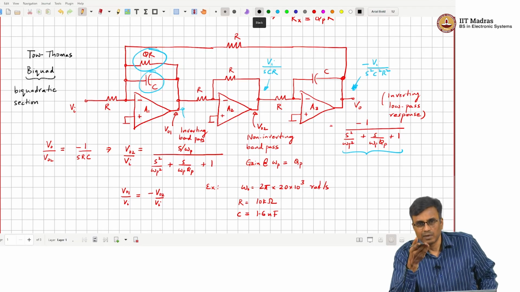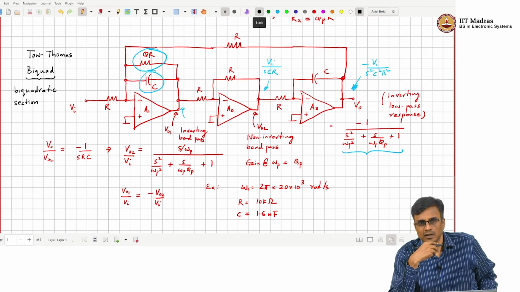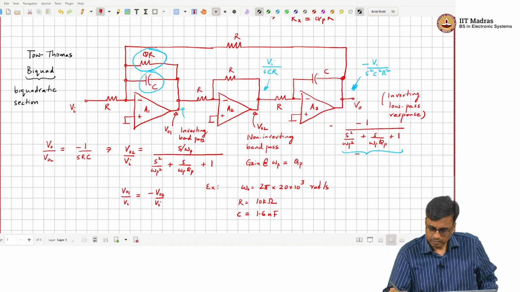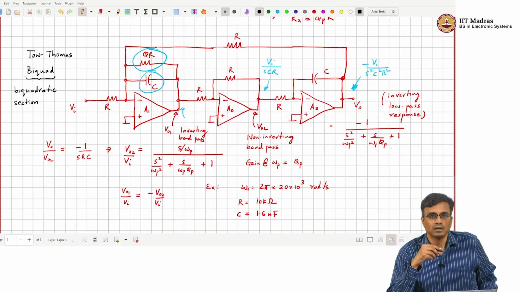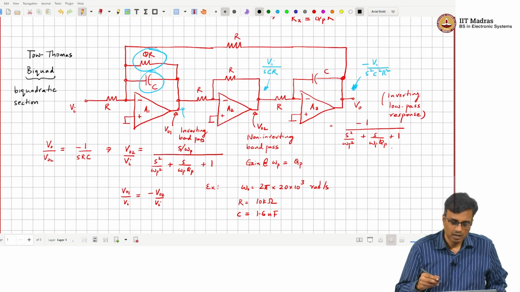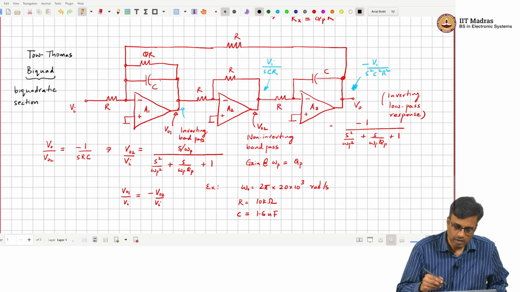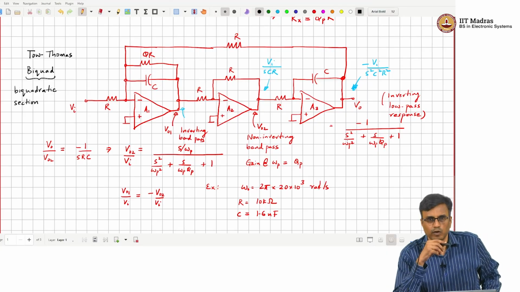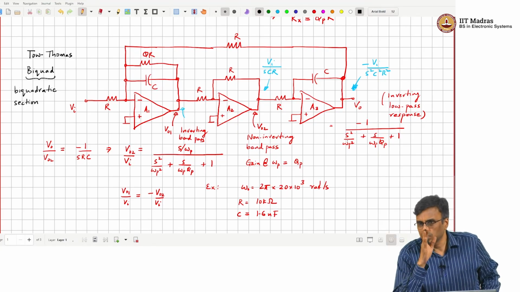Please solve it and tell me. So, the poles will be at plus minus j omega p, and is that stable or unstable? Yeah, it is pretty much unstable because you are on the boundary.